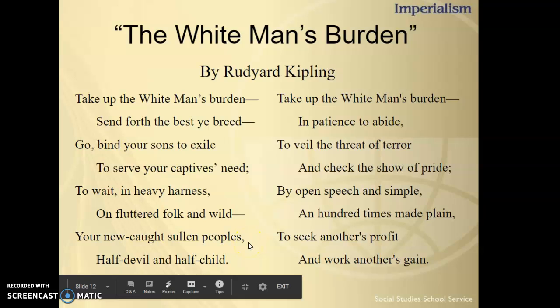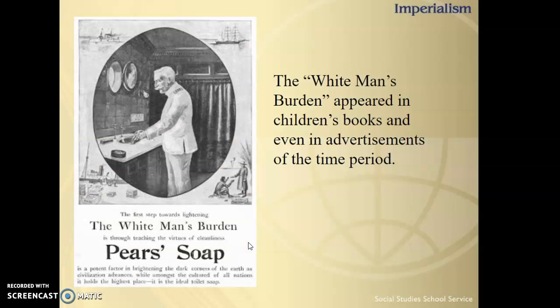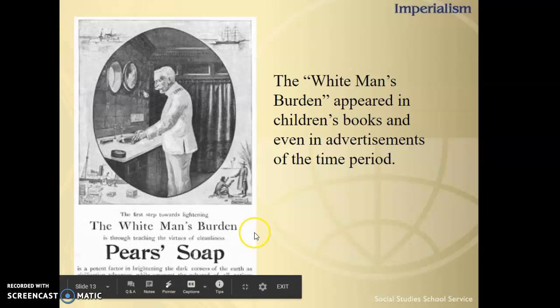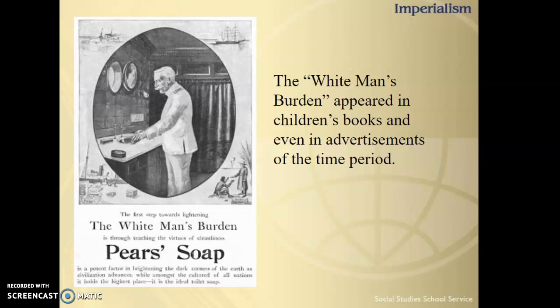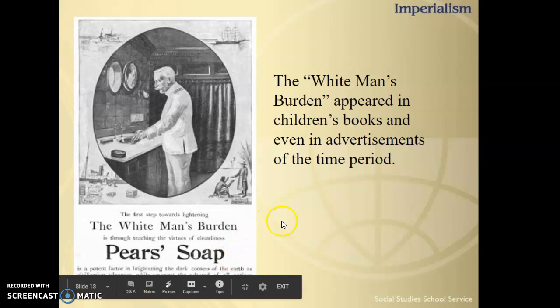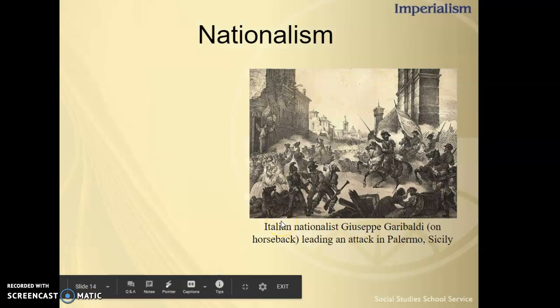This idea of the white man's burden also appeared in children's books and even in advertisements of the time, like Pears soap. Again, the Europeans felt it was their responsibility, their calling, to civilize non-Europeans, whom they felt were less than them.